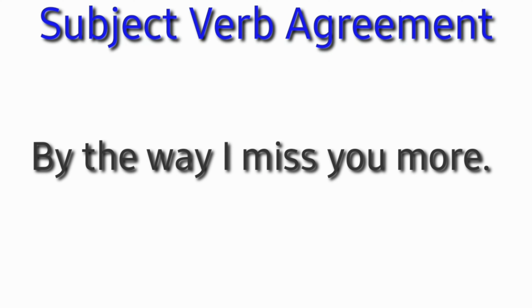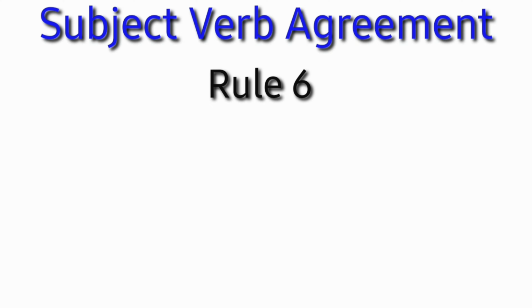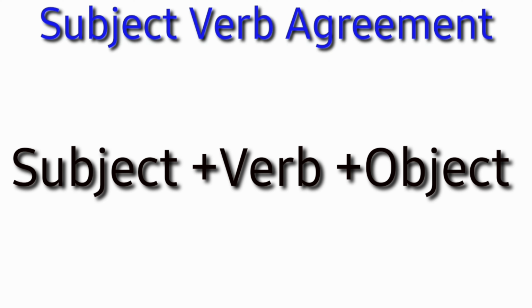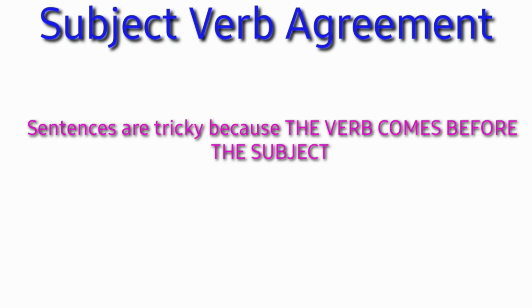Before going to the next rule, let us know the normal order of English sentences. That is, the pattern will be subject plus verb plus object. But sentences that begin with there is, there are, here is, here are are very tricky.